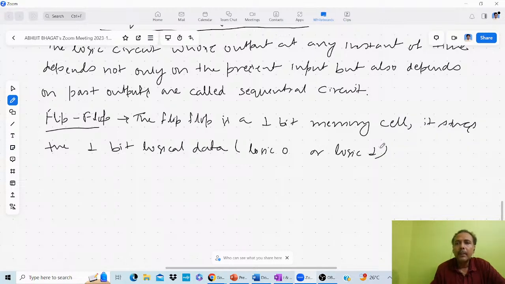So a flip-flop is a memory cell which can store 1-bit logic data. Either it will be 0 or it will be 1.